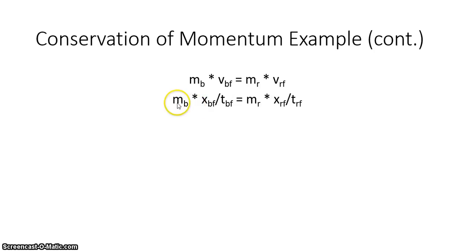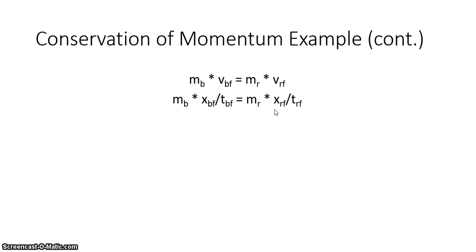And our new equation now becomes m sub b times x sub bf divided by t sub bf is equal to m sub r times x sub rf divided by t sub rf. So what this is saying is that the final momentum again of the blue car should be equal to the final momentum of the red car. Again, they're just going the opposite direction, but we've already taken care of that portion in the previous slide.